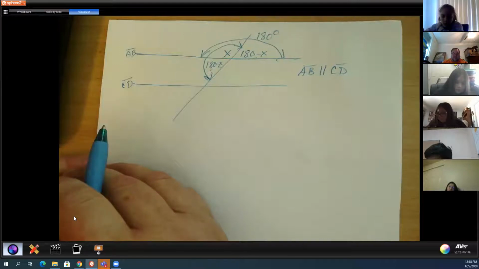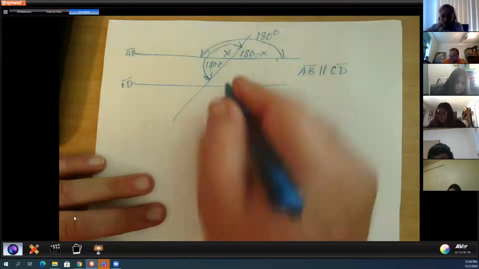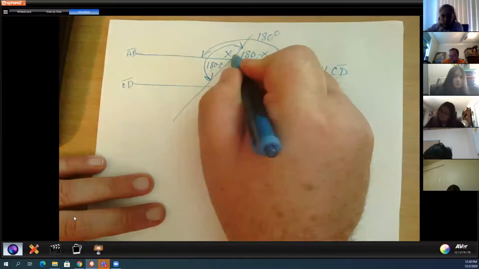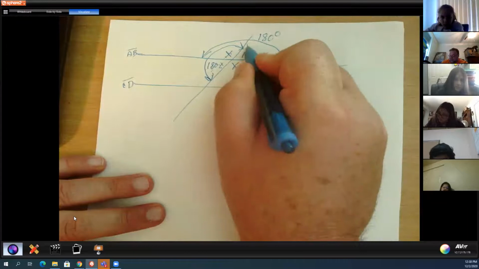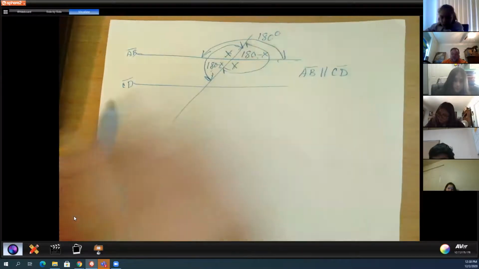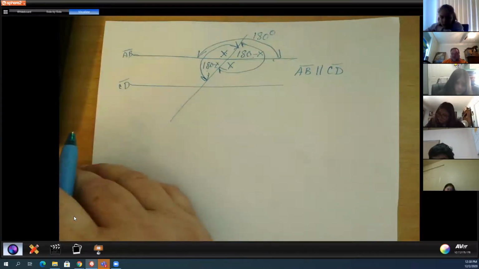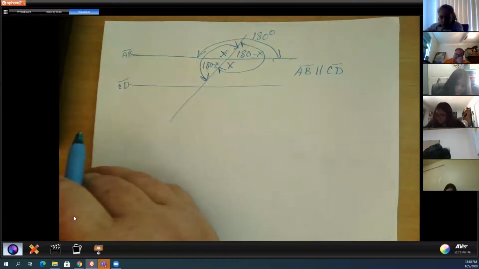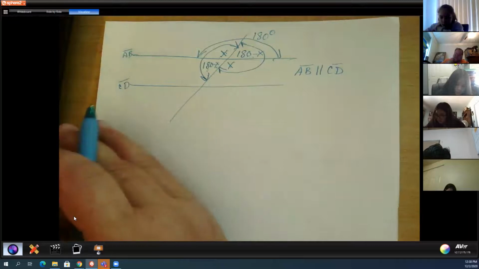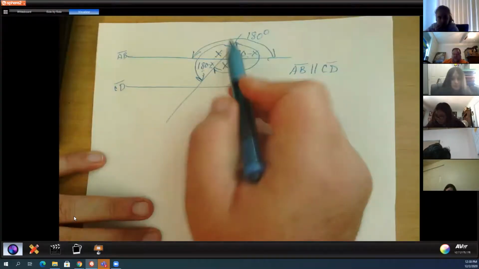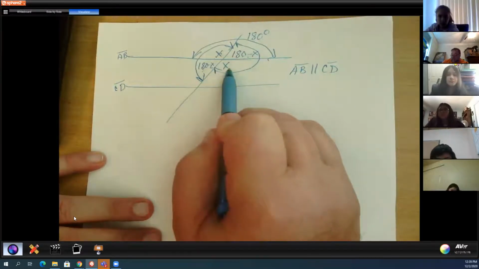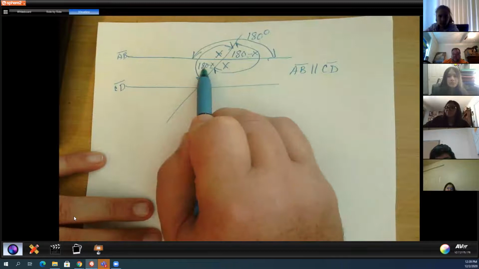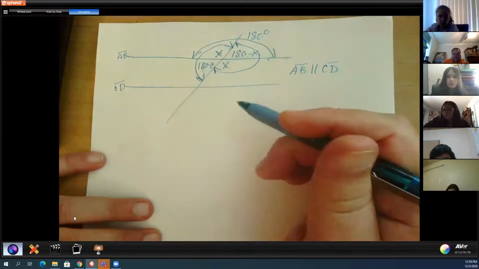But then this has to be x because these are vertical angles, but also because those two angles are supplementary angles, aren't they? So what we find is that when we have lines intersect with each other, they create a pattern, AB, AB, in terms of the size of the measurement, okay?